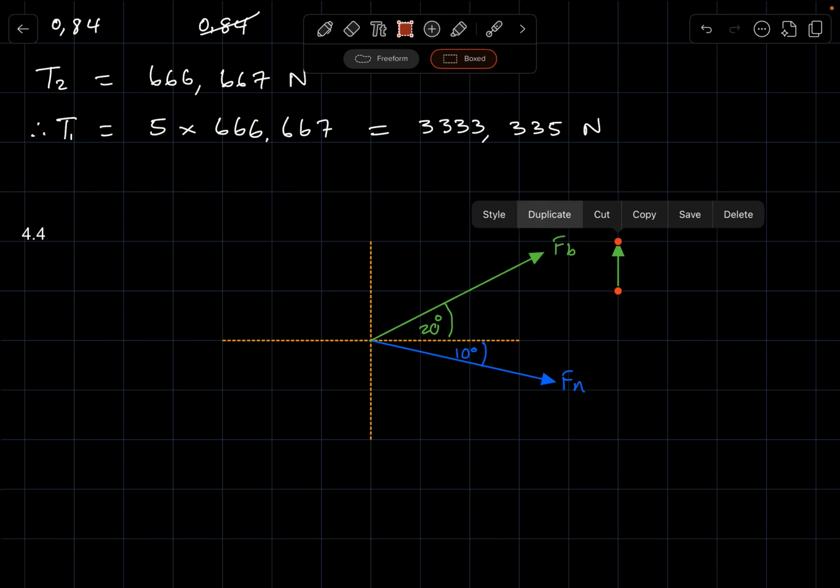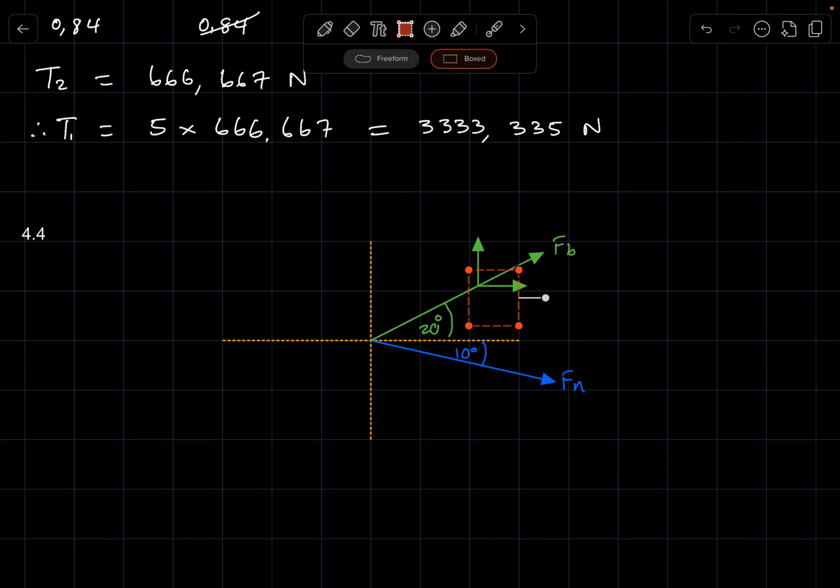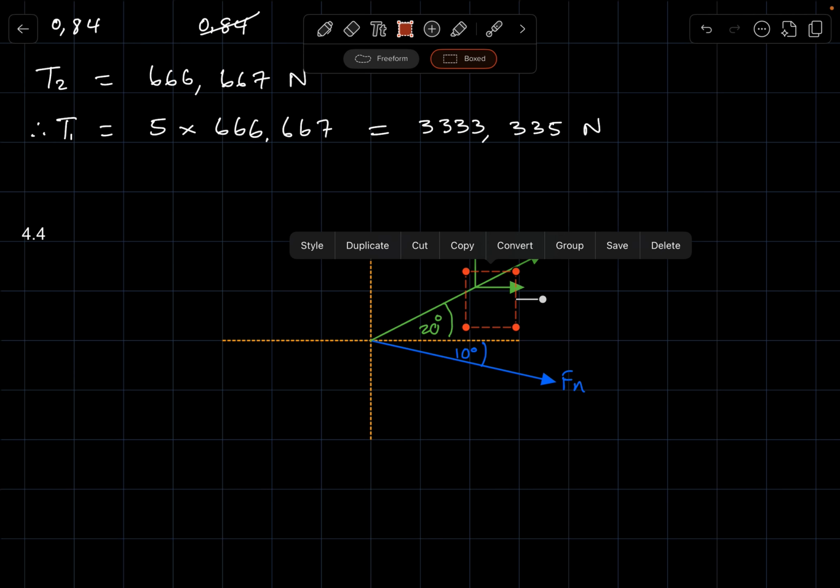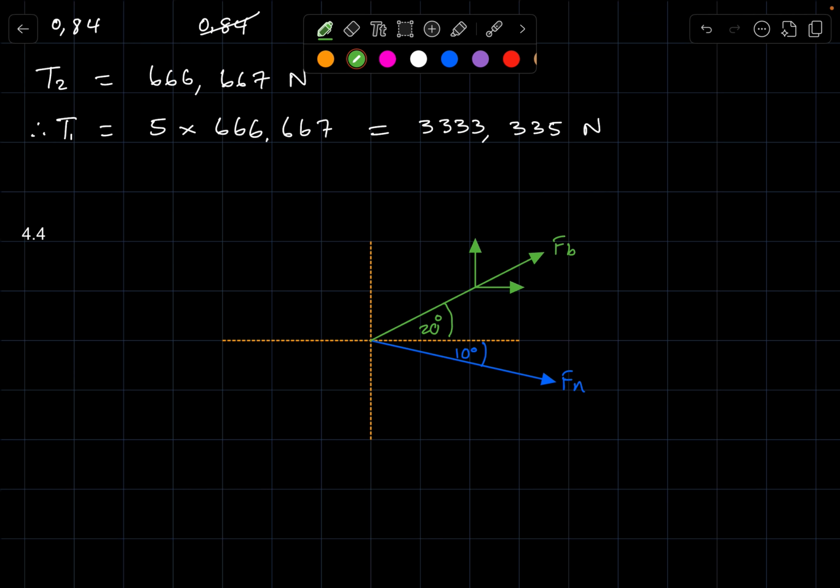right? So you're going to have the belt force, the horizontal and vertical components. Right?